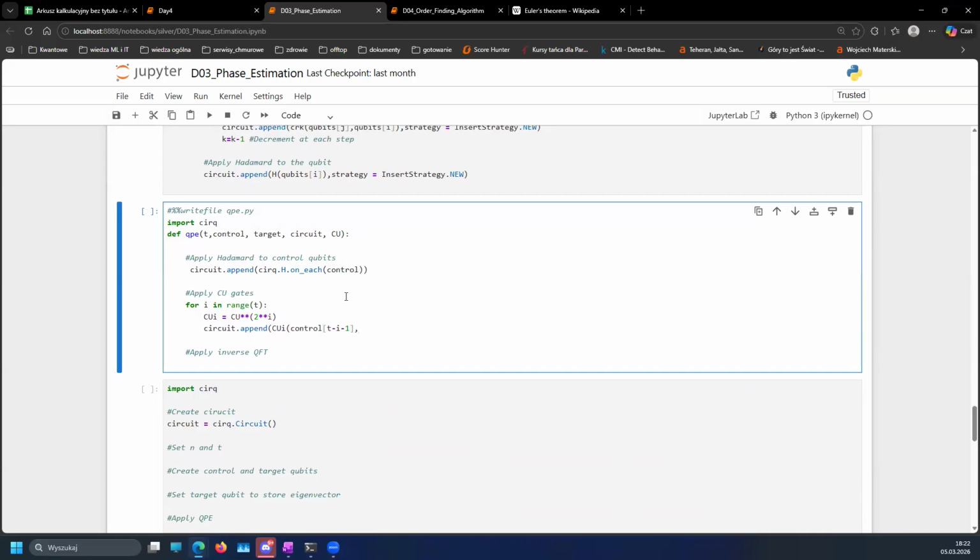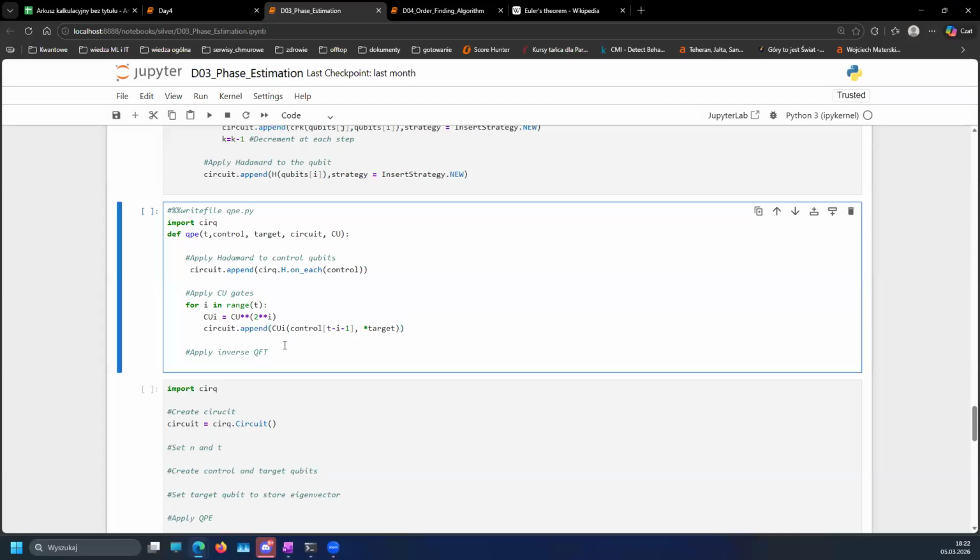Okay, and then we need to choose the target. So here you also need to remember how the range is closed and open. Yes, in Python, the range end is always open. And for the target, we want to apply this on all the qubits in the target register, so in the eigenvector register. So here we have this loop, so we apply those CU gates over and over.